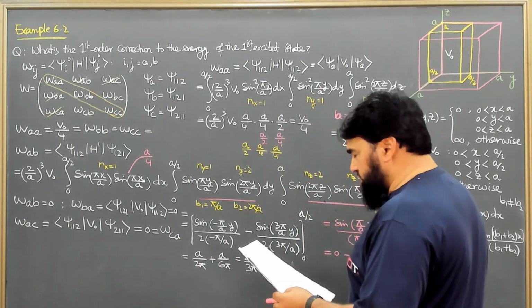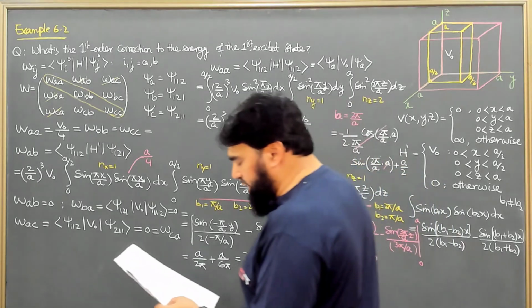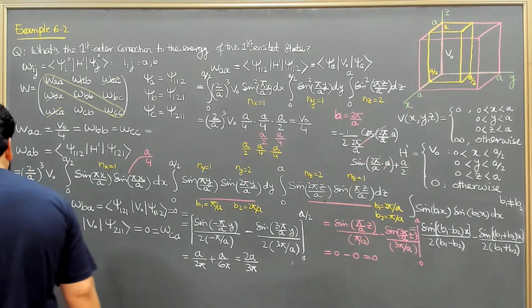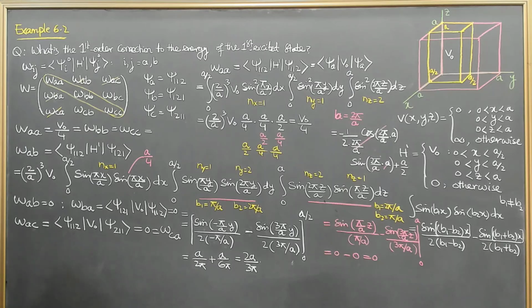One thing we are sure of is that WBC is equal to WCB. They will be the same, as we have noticed in all of them, because the integral shape or the symmetry gives us this indication. So we are now trying to calculate WBC.